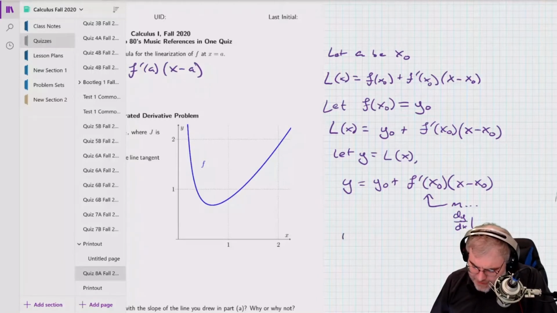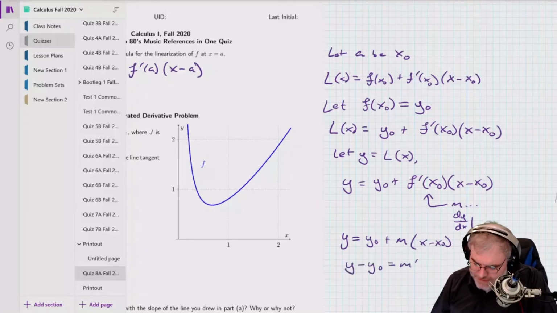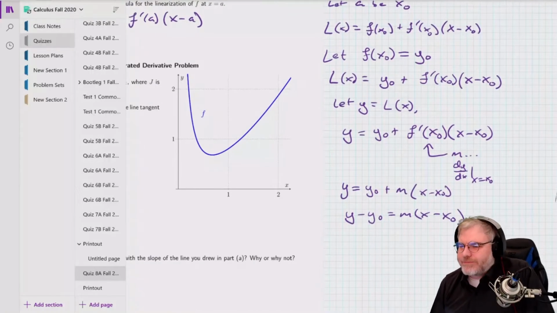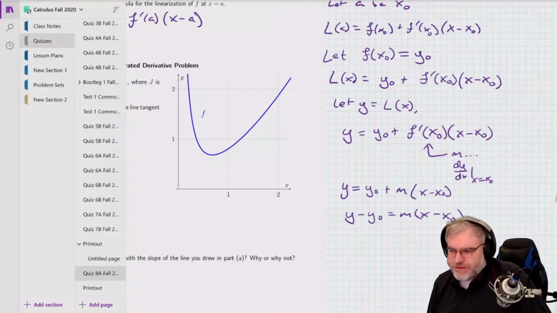And then we get y equals y naught plus dy over dx at x naught, and we'll just call this m, times x minus x naught. Then let's move this over to the other side just because we can. What is this? What is the linearization? It's the formula for the tangent line written as a function.